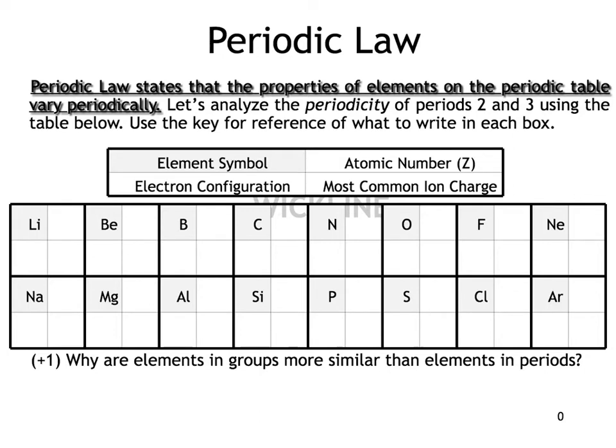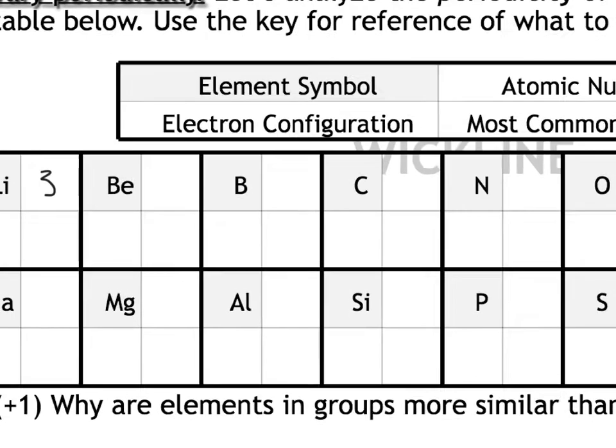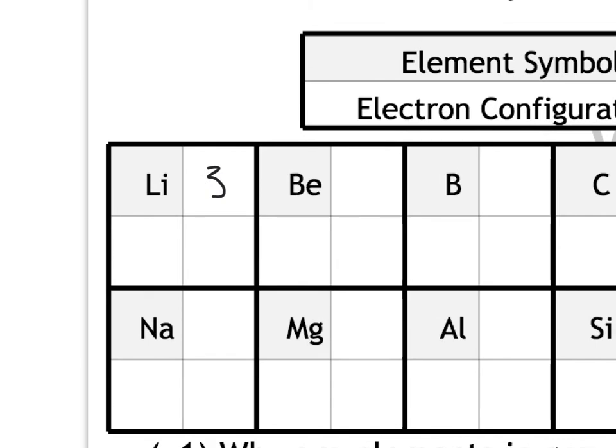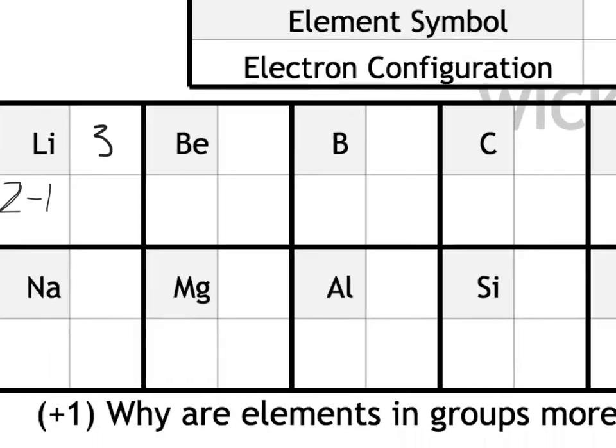So for instance, if you look up lithium on your periodic table, you'll find that its atomic number is 3, that's the number of protons it has, and its electron configuration is 2, 1. And let's see, the last thing was the most common ion charge.